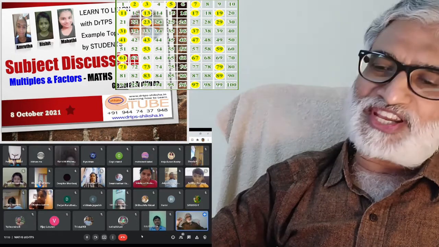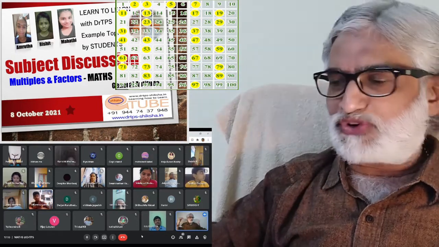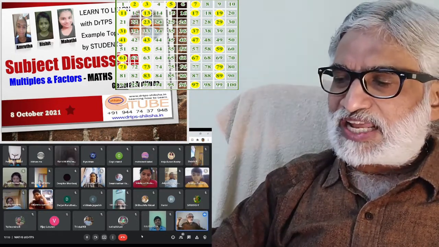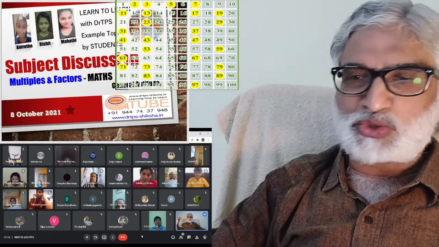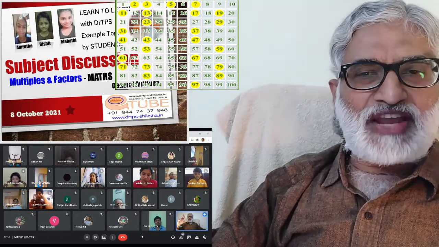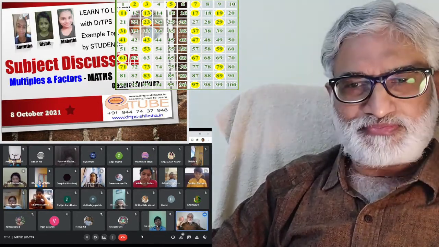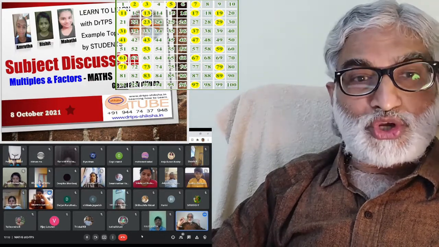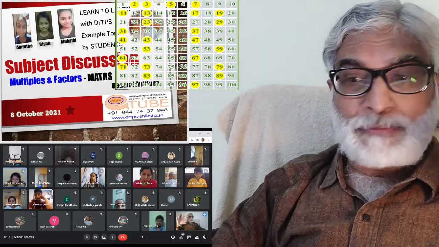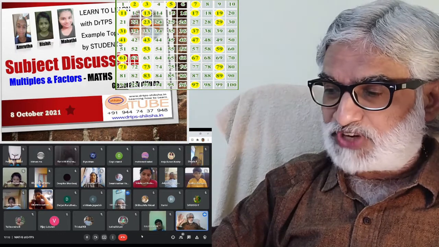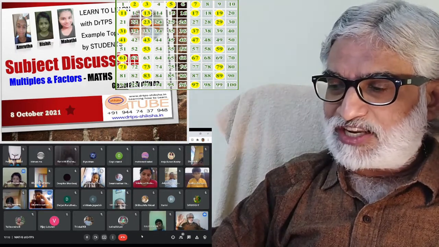Now some squares. If you understand, you get a lot of information. What you do is write the square. Somebody said square, so let us look at squares. 25 multiplied by 25 is 625. 15 multiplied by 15, you write 15 and put an arrow mark and write 225.